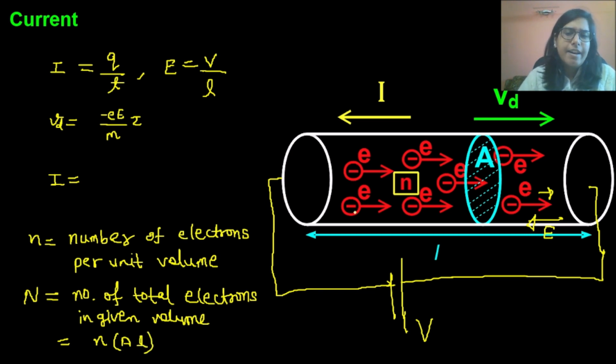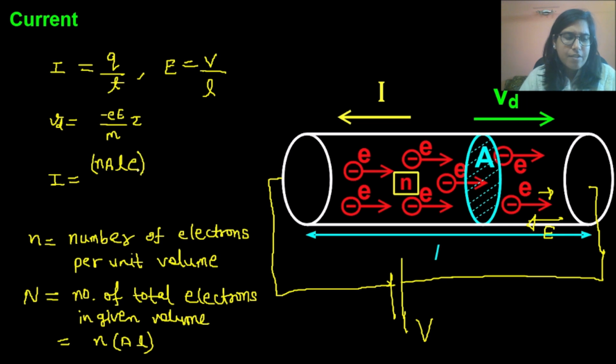We can assume this is a cylindrical wire. So the number of electrons which are flowing will be n into A into L, and the charge of electron is e.